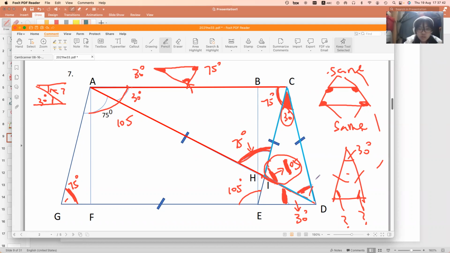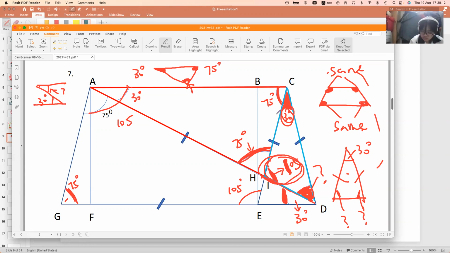Then how do you get this part? That one is 105. How do you find this question mark? Given this 105, this one 30.